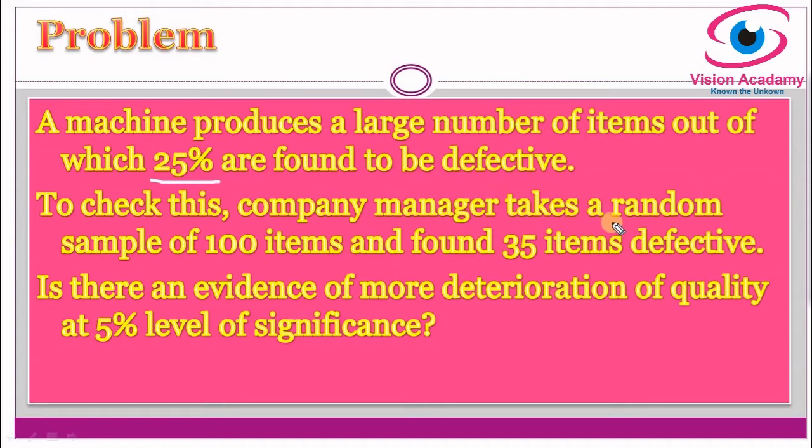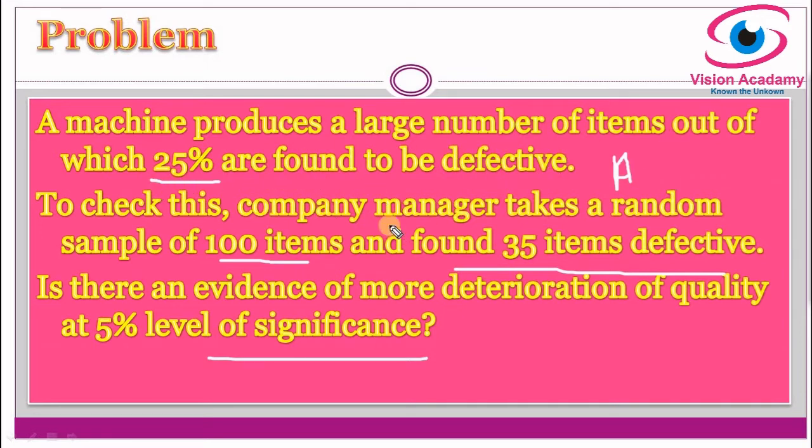For that, he takes a random sample of 100 items and finds 35 items are defective out of 100. So now what we want to do is, is there any evidence of more deterioration of quality at 5% level of significance? So here, very simple, there is a machine in a company which produces a large number of items, out of which 25% are found to be defective.